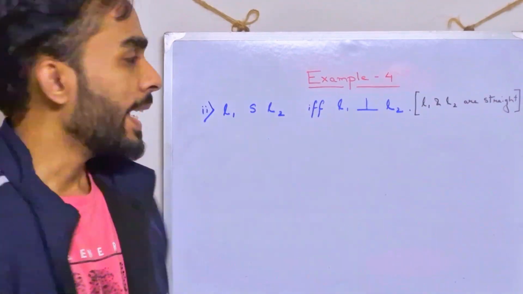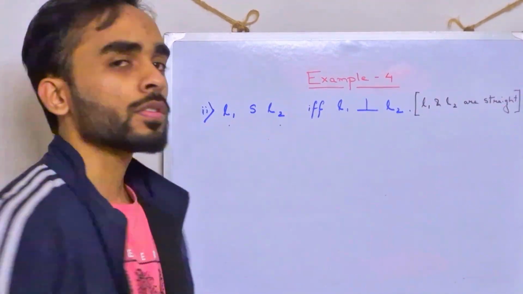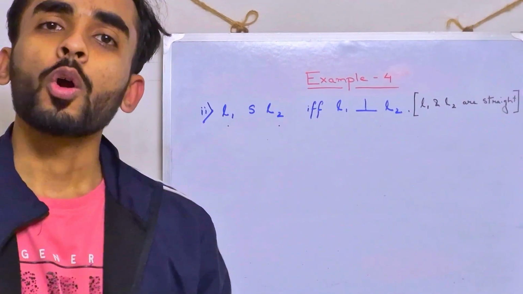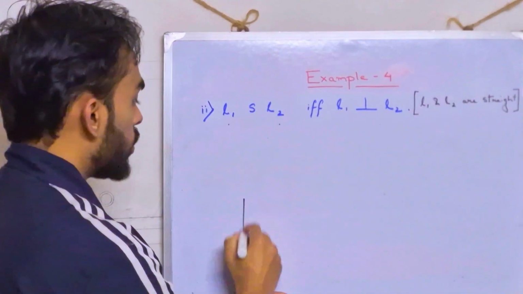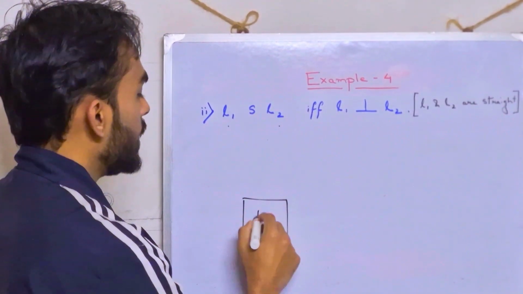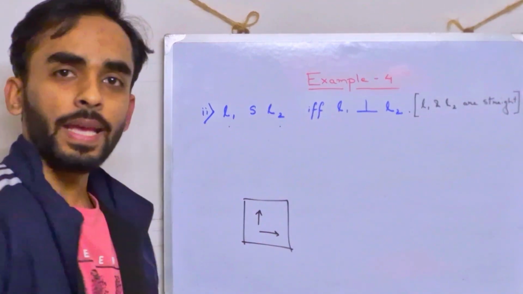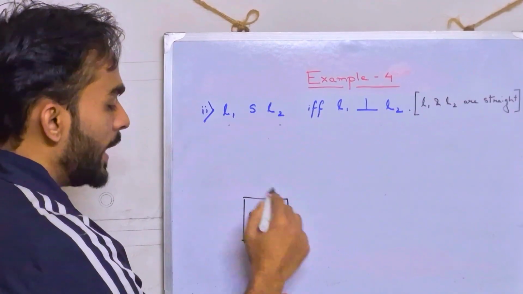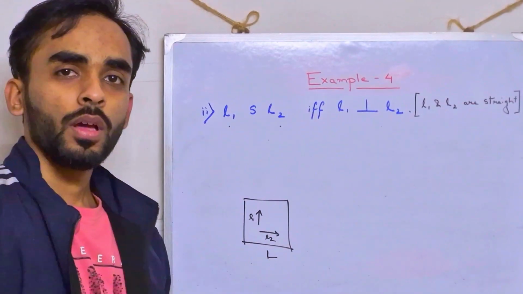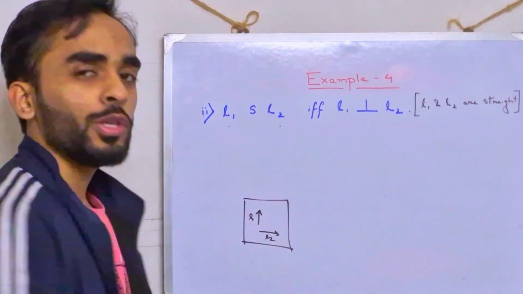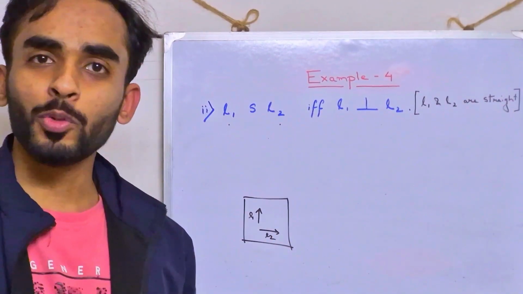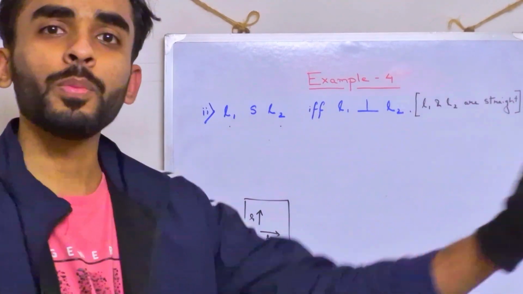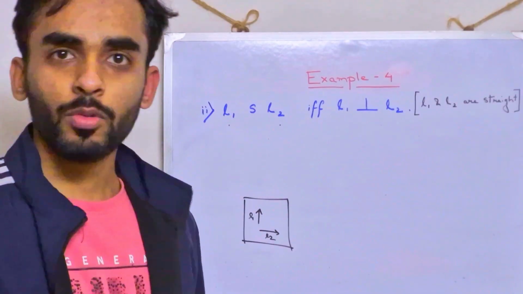Now let's assume that these two straight lines are in a plane and that plane's name is called L. So assume that there is a plane and in this plane there are two straight lines L1 and L2 and this plane's name is L. I use L because it is written like that in your book, so it will be easier for you to compare with the book's example and my walkthrough.